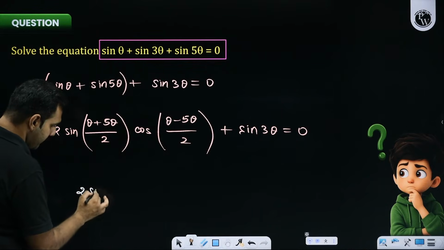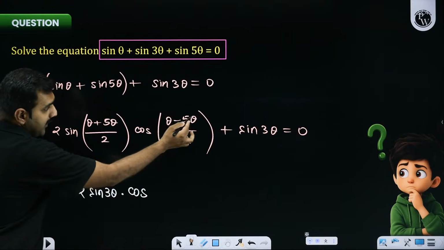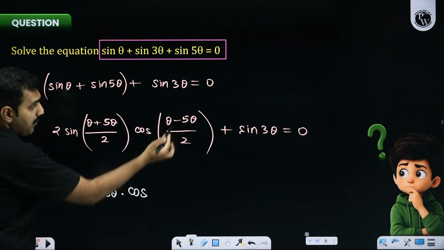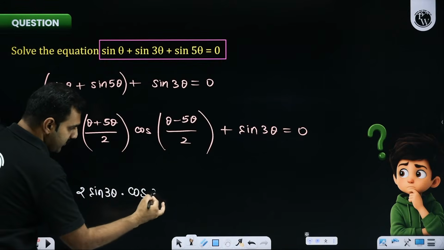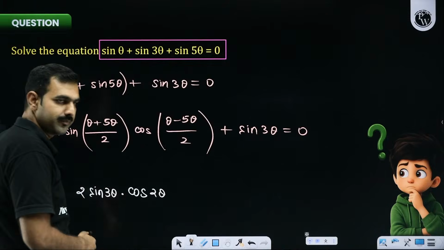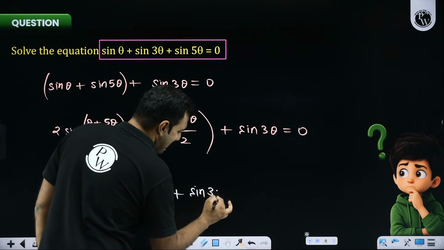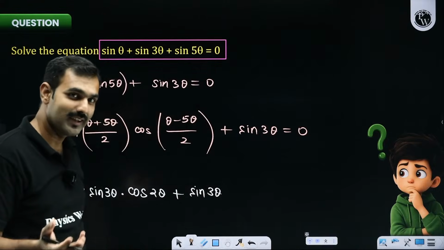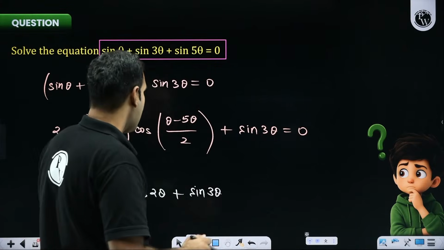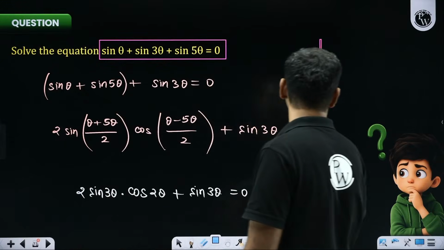So this is sine 3 theta dot cos of (theta minus 5 theta) by 2, which is minus 4 theta by 2, minus 2 theta. Cos is an even function, so cos minus 2 theta or cos 2 theta, both are the same. And that I'll tell you in the batch. I am supposed to teach you that formula in the next class, Arpita, don't worry. And this is equal to 0. Everybody got this, or shall I re-explain this part, students?